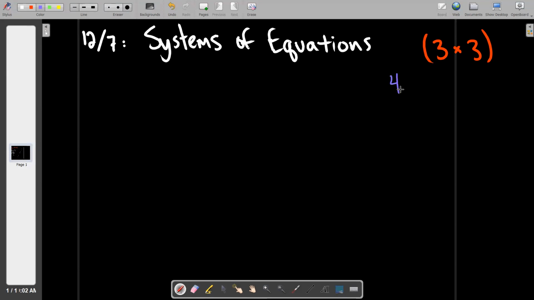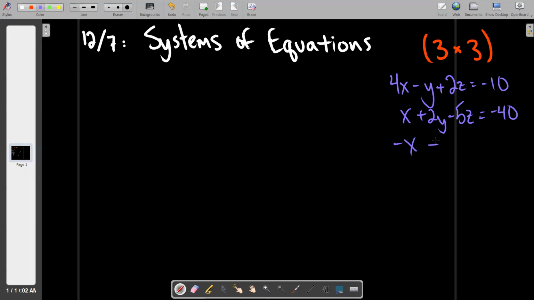You might see 4x minus y plus 2z equals -10, and x plus 2y minus 5z equals -40, and then -x plus 4z equals 12. That's what we call a 3 by 3.